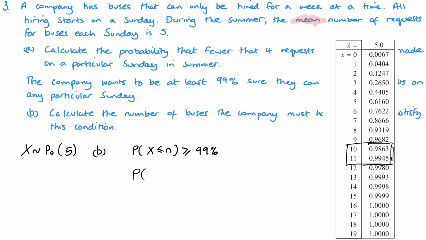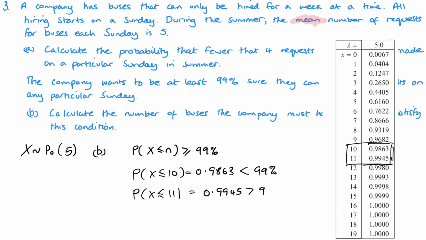So if I think of 10, x is less than or equal to 10 is equal to 0.9863, which is less than 99%, isn't it? And probability when x is less than or equal to 11 is equal to 0.9945, which is greater than our 99%. Therefore, the company is going to need 11 buses.